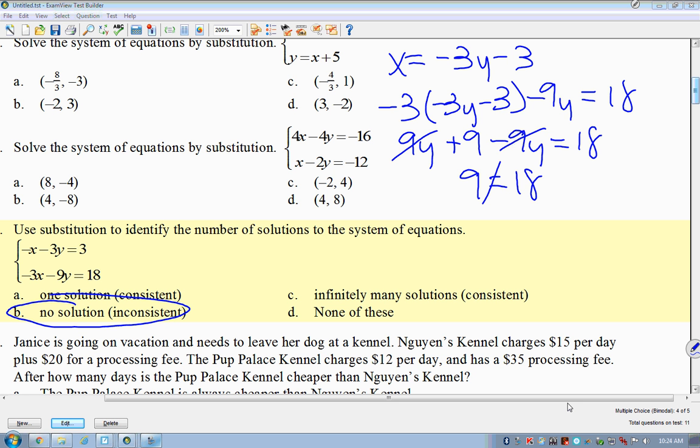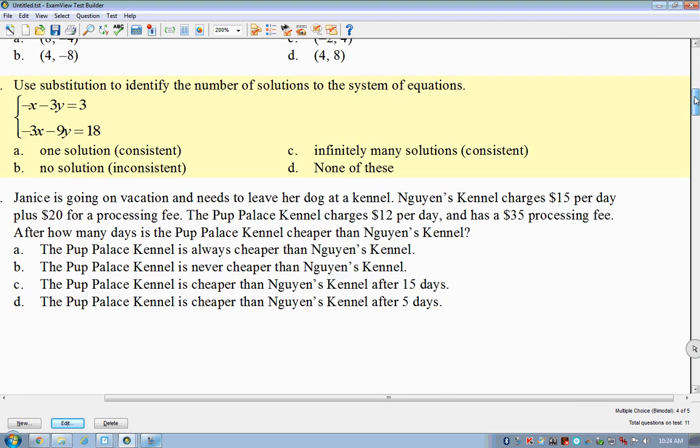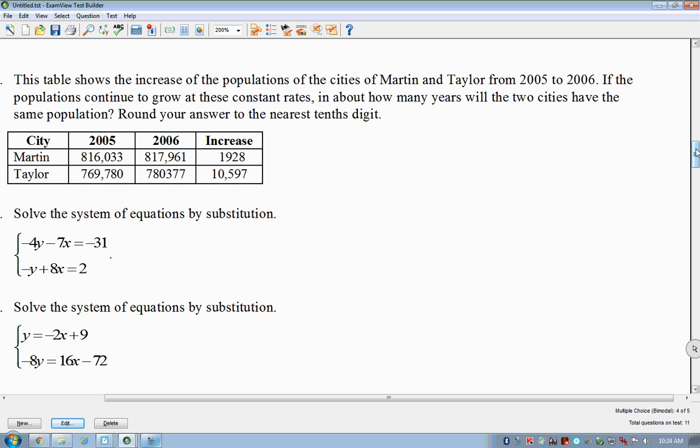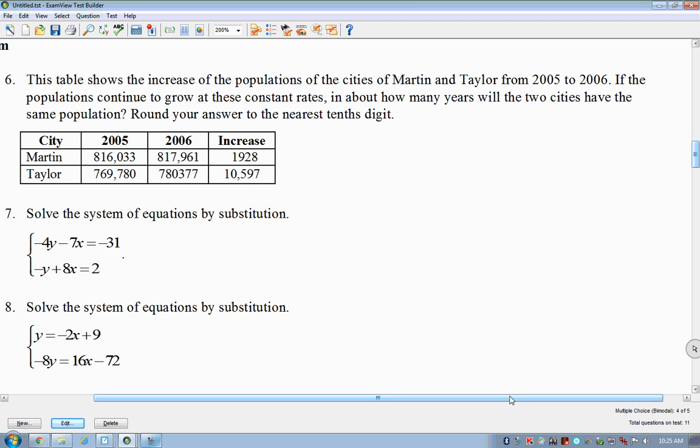All right, do you guys want to cover a word problem? Let's look at this one, number 6 on here. I haven't actually shared this document with you, so you can't pull it up, but if you want, I can send it to you.